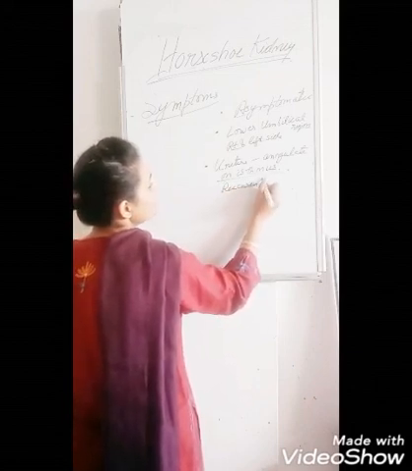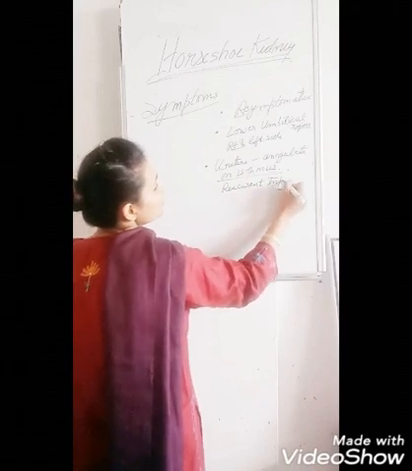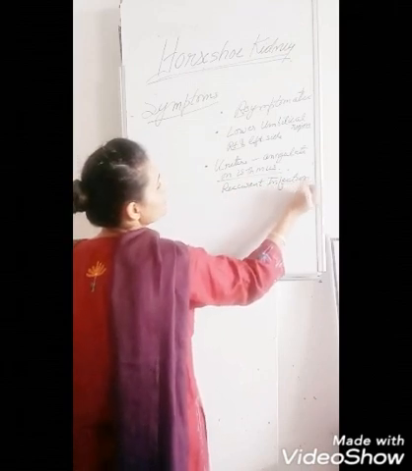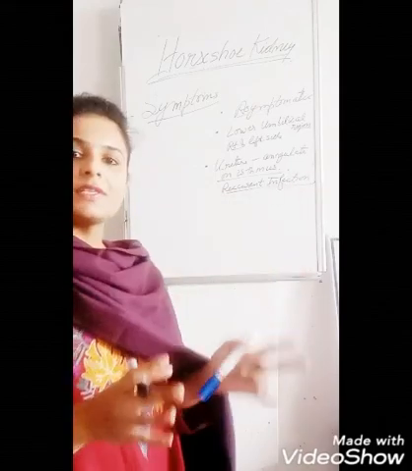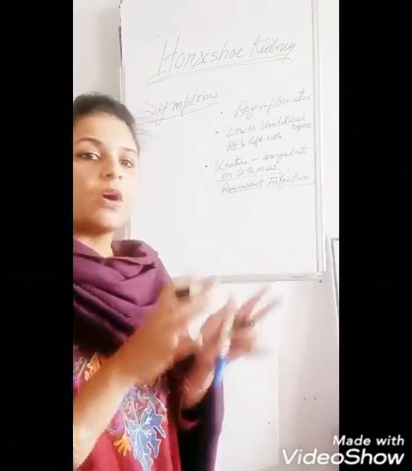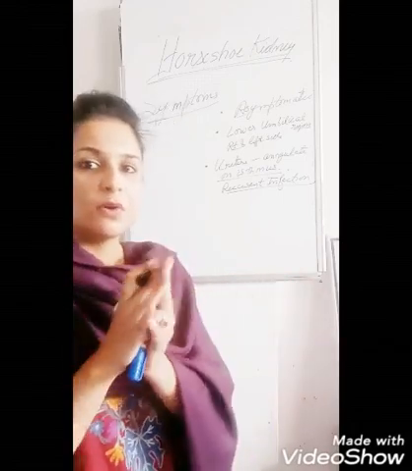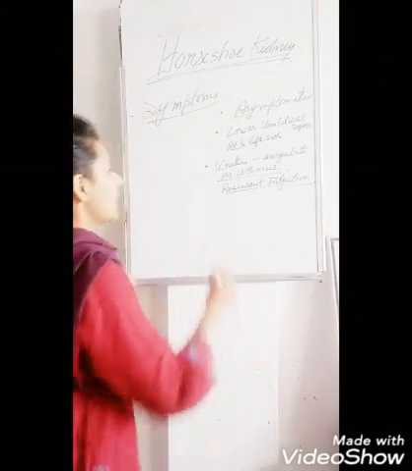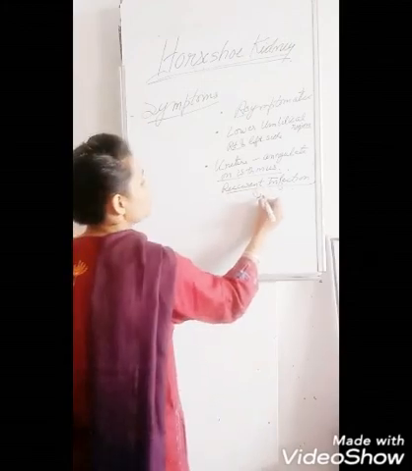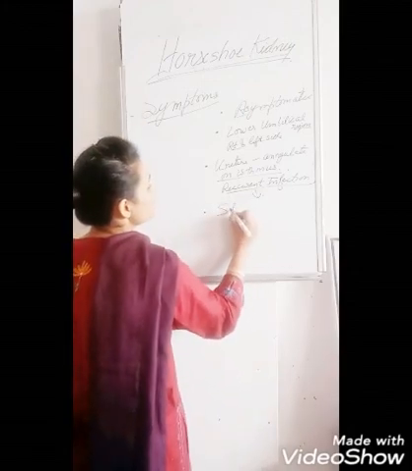Because of the obstruction to the flow of urine, or the stasis of urine, that will result in recurrent infections, and the recurrent infections will later on result in stone formation.